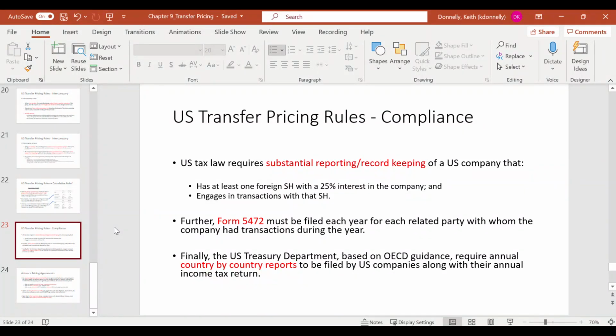Further, Form 5472 has to be filed each year for each related party with whom the company had transactions during the year. And then finally, the U.S. Treasury Department, based on the OECD guidance, is going to require annual country-by-country reports to be filed by U.S. companies along with their annual income tax return.